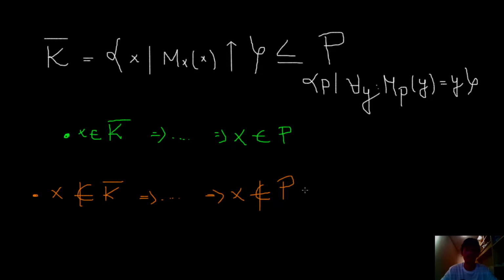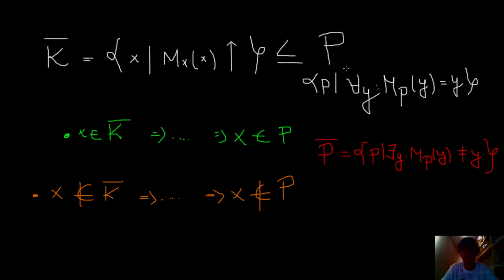Keep in mind that the idea is that there is at least one element such that the output is different. We have here the universal quantifier, and then we have to negate this, so we have the existence. In other words, the set complementary P is basically all elements P such that there exists some y such that the Turing machine P with input y is not y.